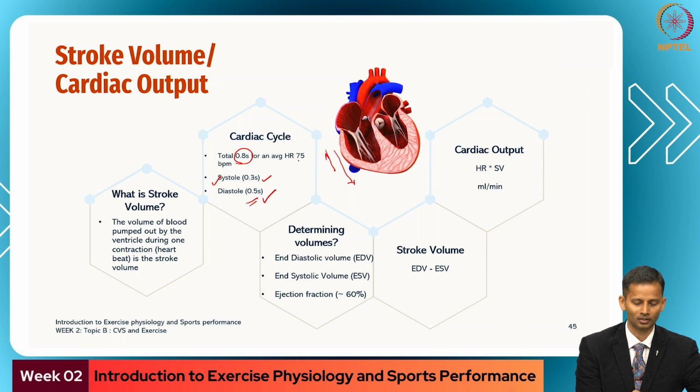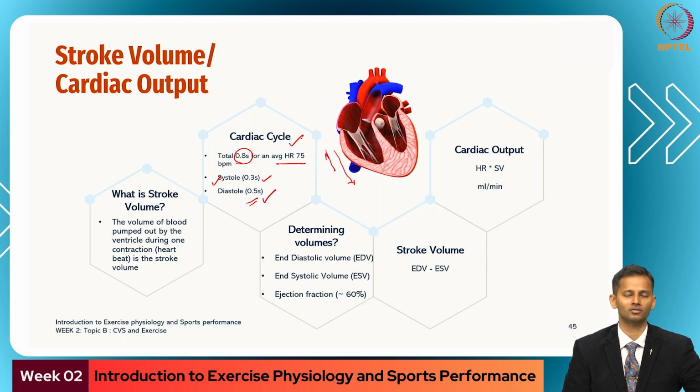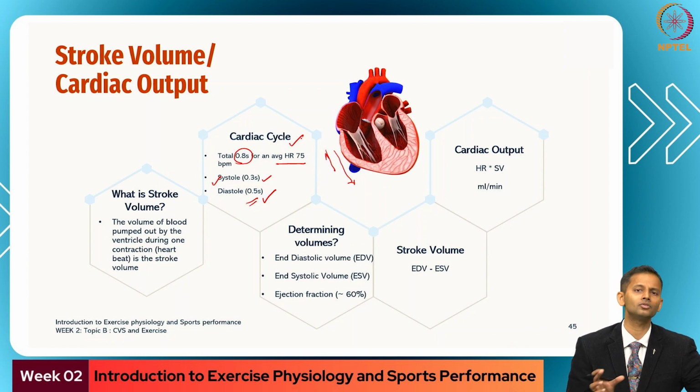Say for example, in an individual with an average heart rate of 75 beats per minute, one diastole and one systole collectively contribute one cardiac cycle. Various mechanical events happen during the cardiac cycle, and the key reason we should know about this cardiac cycle is to understand two different volumes.